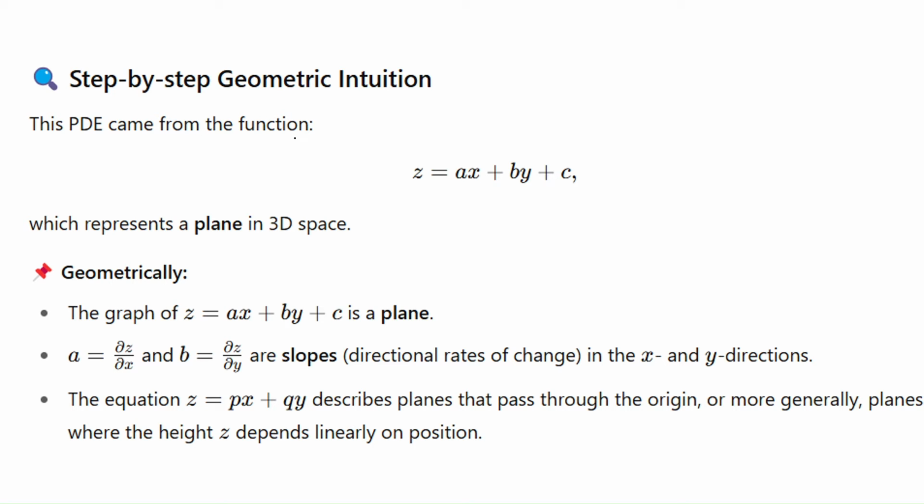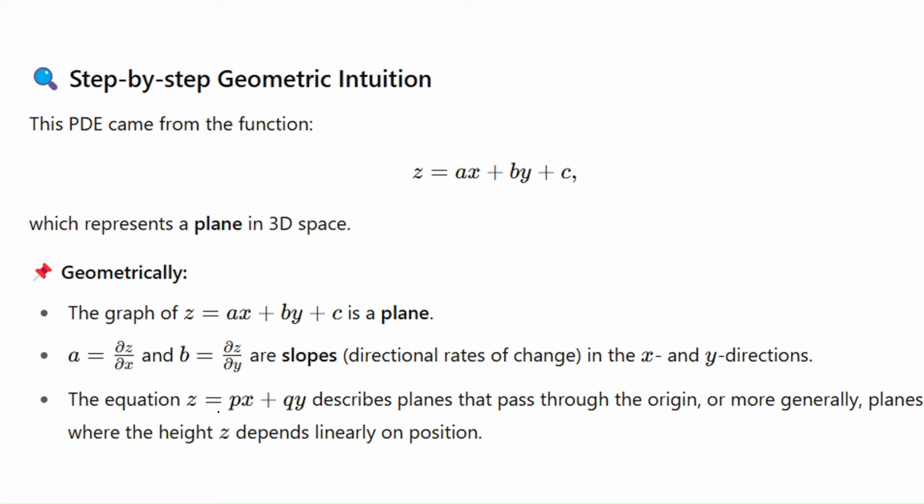Now, step-by-step geometric intuition. This PDE came from the function z equals ax plus by plus c, which represents a plane in 3D space. Geometrically, the graph of z equals ax plus by plus c is a plane. a equals del z del x and b equals del z del y are slopes, directional rates of change in the x and y directions.